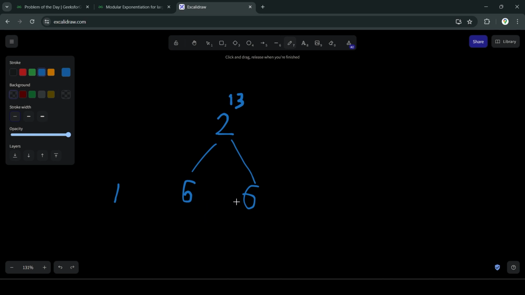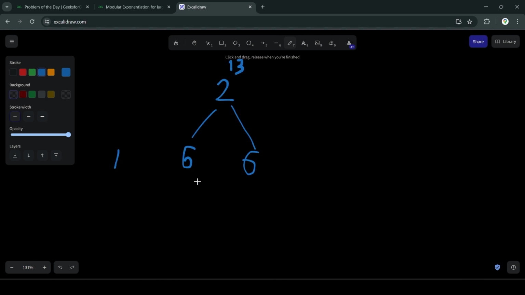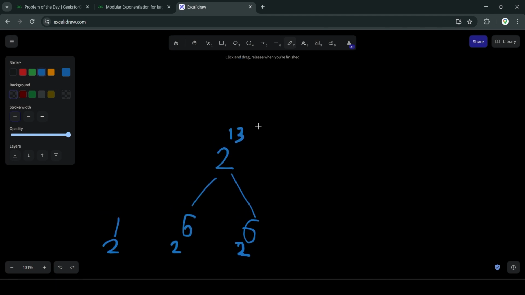If we multiply these three things, we will get the answer, right? Why am I taking this single one? Because we cannot divide 13 equally. So if we divide it equally, we have one 6, another 6, and another 1. Basically, if we calculate 2 to the power 1, 2 to the power 6, and 2 to the power 6, then you can have this answer.